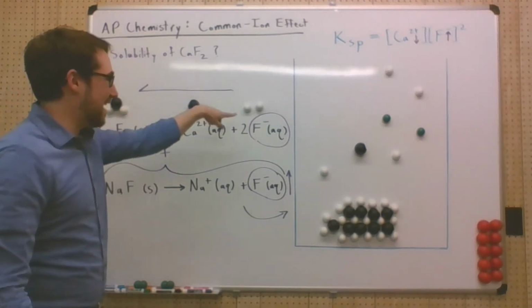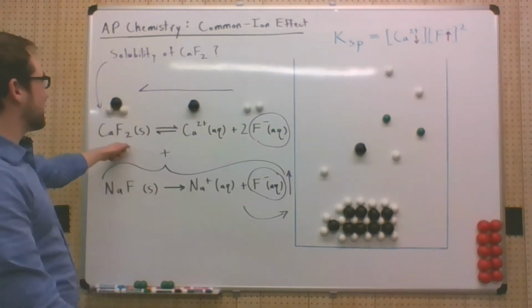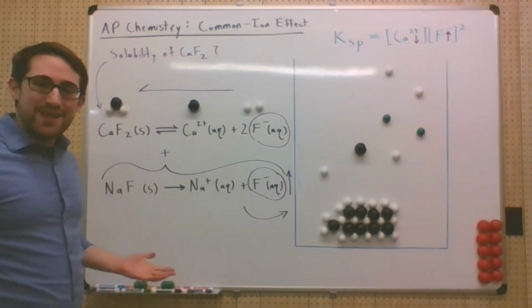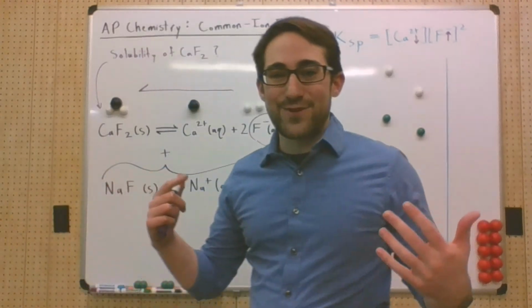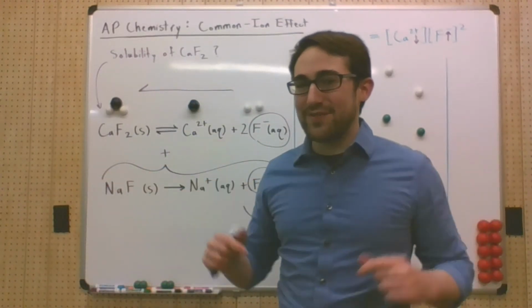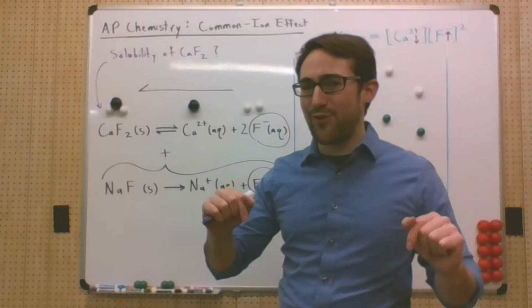I now have less of those ions and more of the solid. So what does that mean? It's now less soluble. My solubility of my CaF2 has gone down. So I've decreased the solubility of the calcium fluoride.